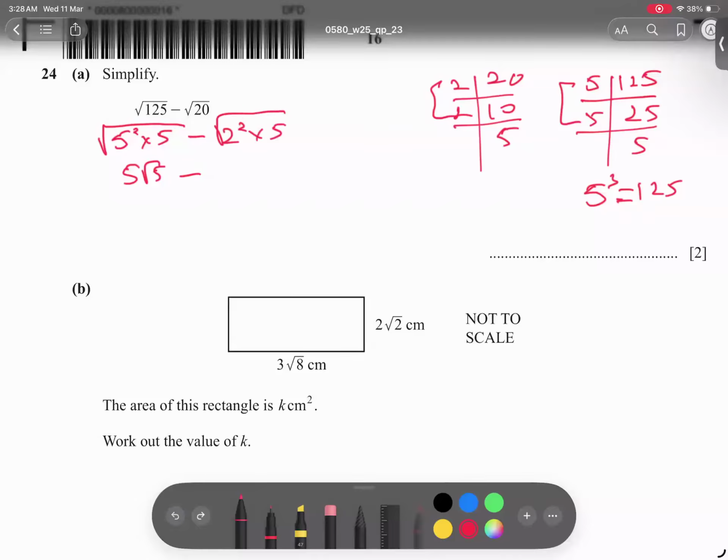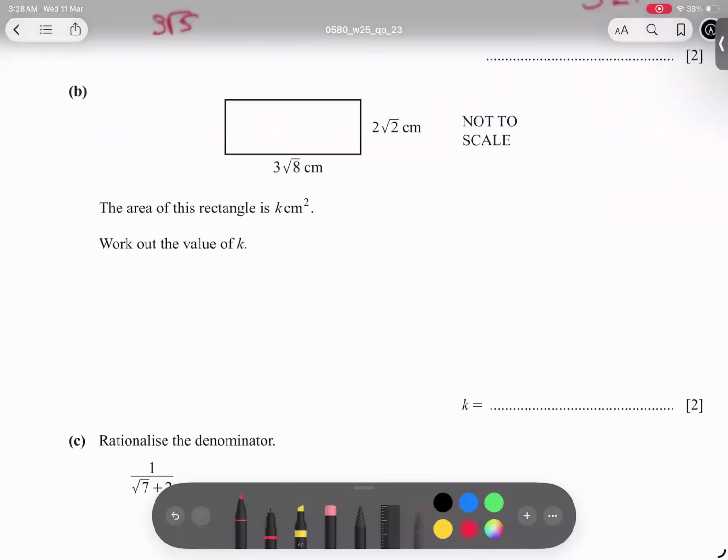The root 2 squared cancels out and I get a 2 outside, root 5 inside. If I ask you what is 5x minus 2x, you must say, because x is the same, 5 minus 2 gives you 3x. Same story: root 5 is the same, 5 minus 2, so 3 root 5. I hope, students, the point is very clear.